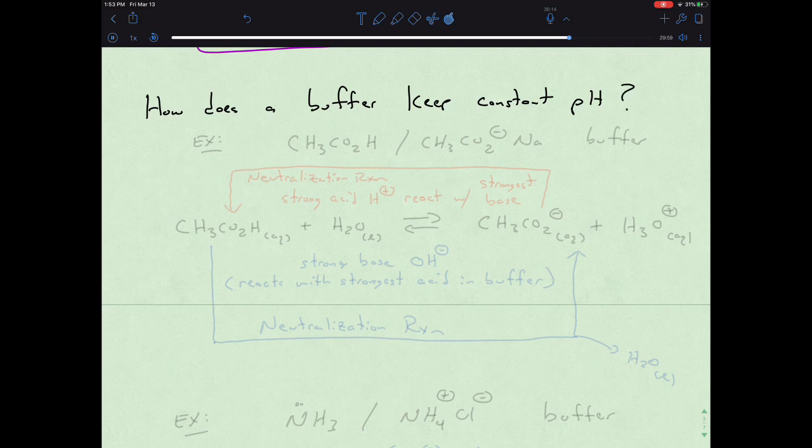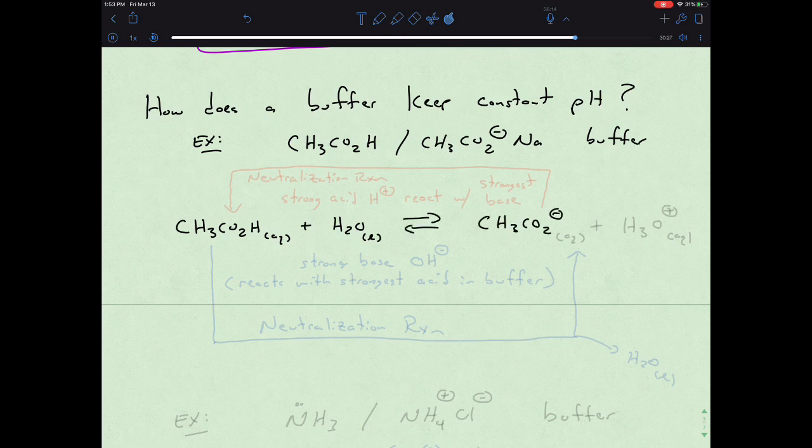So let's look at our two examples. So we have our kind of running example with our acetic acid and sodium acetate buffer. And so if we were to write that equilibrium reaction out, we would have something that looks like this.